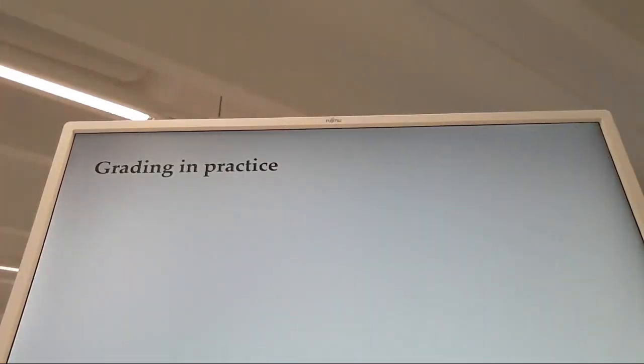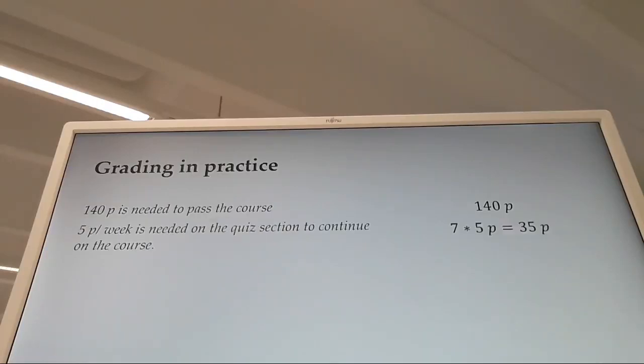And how it works in practice. The idea is that you need 140 points to pass the course. So if you are here only to get the 8 credits, to continue on the course, you need 5 points in the quiz section every week, and during the 7 weeks, that means 35 points.